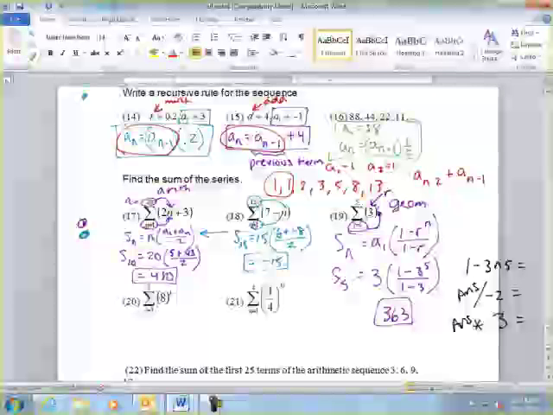Number 20, since it has that exponent there, is going to be the same rule as number 19. So we're looking for the sum of 5 terms. Our first term is what we get by plugging in 1.